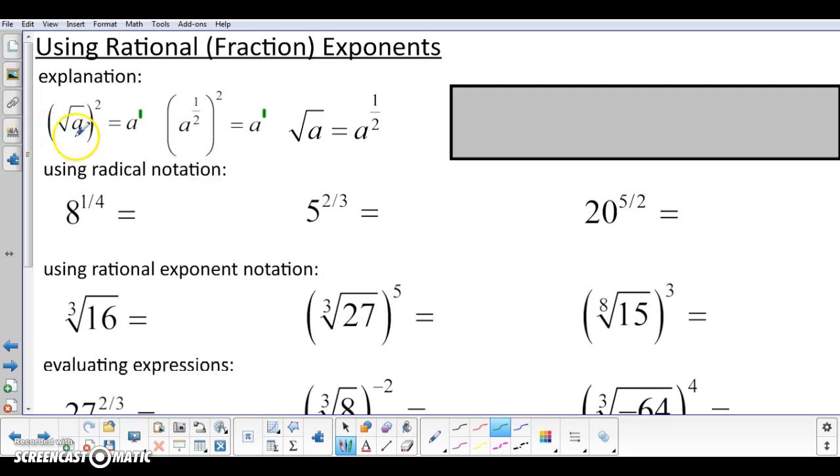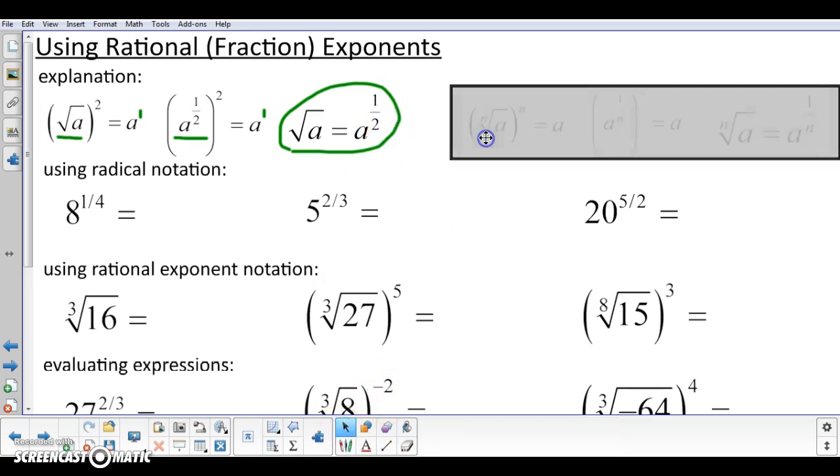So if those two expressions are the same, when I square this and when I square this, I both end up with the same thing. I think I could probably confidently say that these two things that got squared must equal each other. So the square root of a is equal to a to the 1/2 power. Index of this radical being 2, so 2 ends up in the denominator of the exponent.